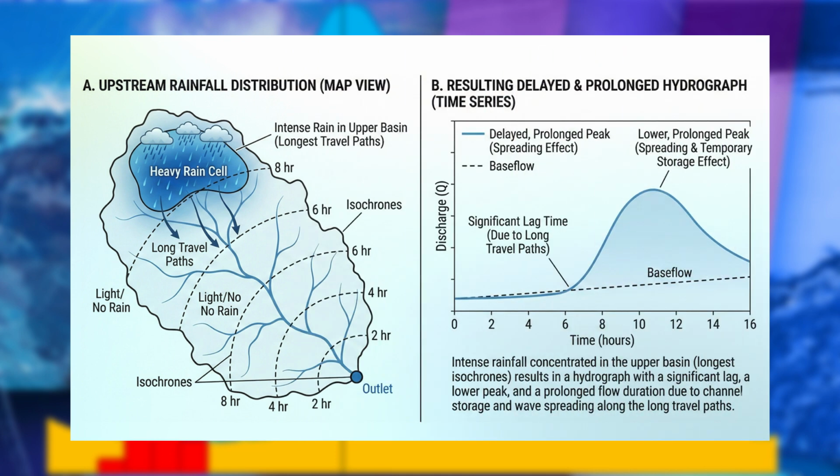For example, if intense rain hits only the upper basin, the hydrograph lags significantly before climbing, often yielding a low peak due to spreading and temporary storage along the way.